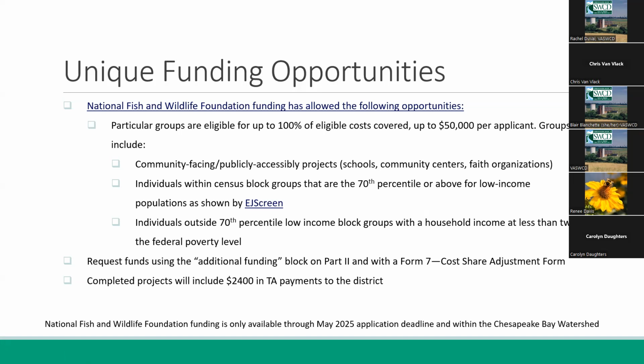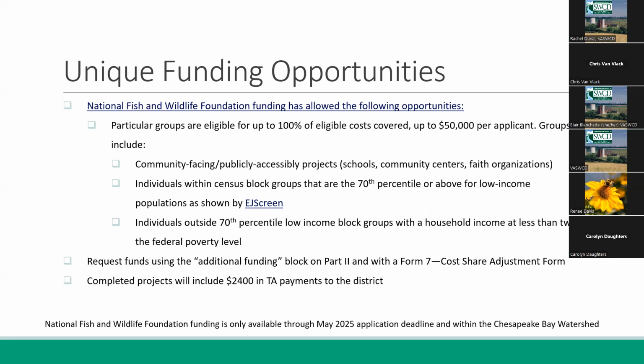So we would like to see a VCAP sign there. We are targeting individuals within census block groups that are the 70th percentile or above for low income populations, as demonstrated by EJ Screen. So our last DCR grant had a request to continue to work in low income geographic areas. We're trying to support that work with this unique funding.